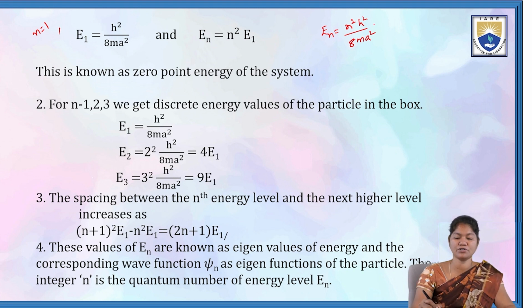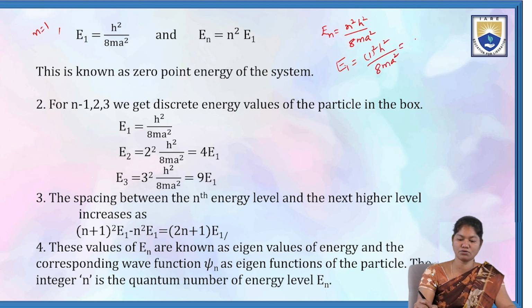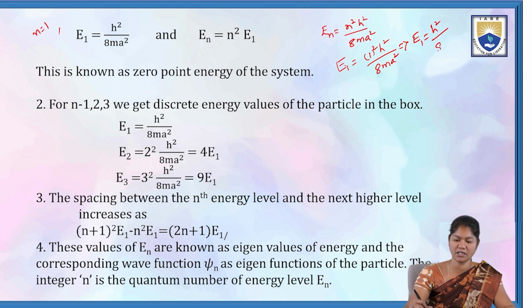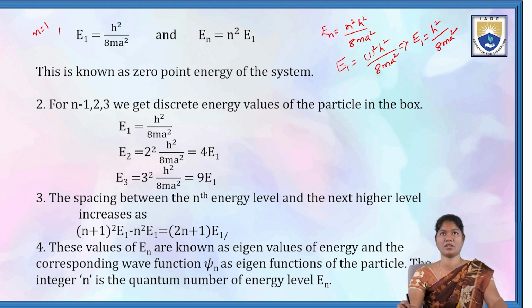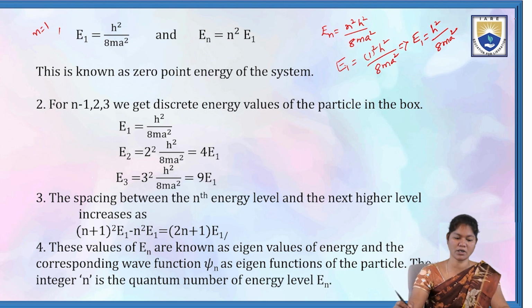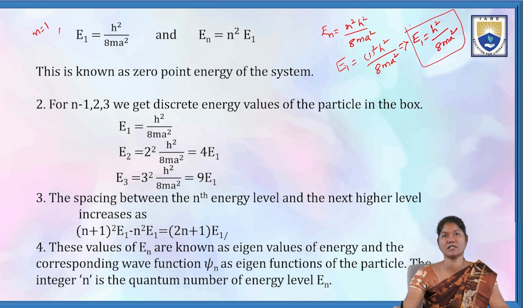So when substituting n equal to 1, E1 is equal to 1 square h square by 8ma square, so E1 is equal to h square by 8ma square. This is known as the zero point energy of the system.